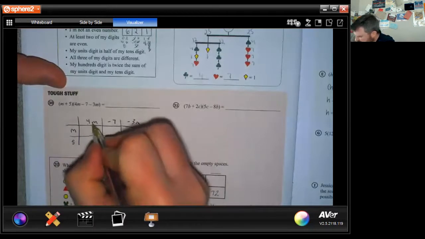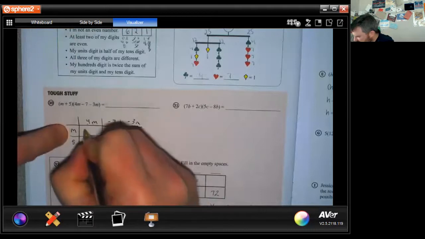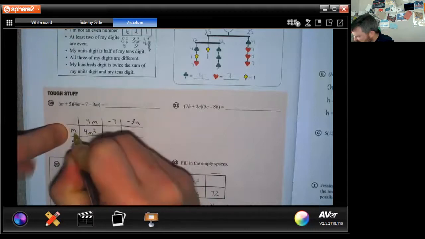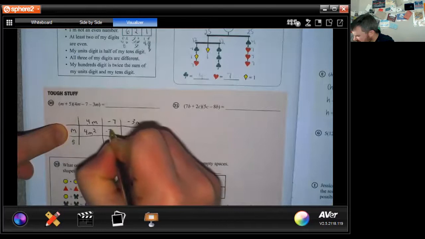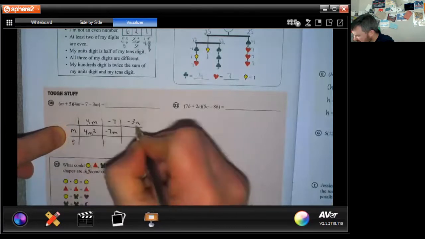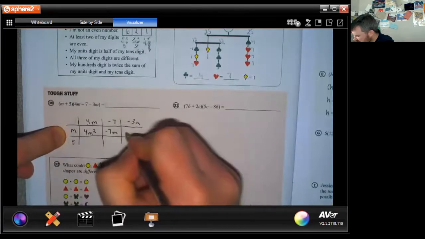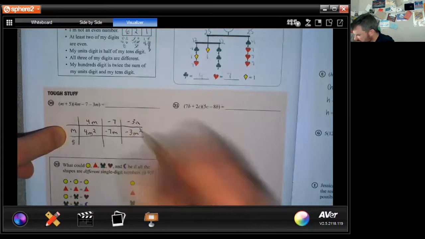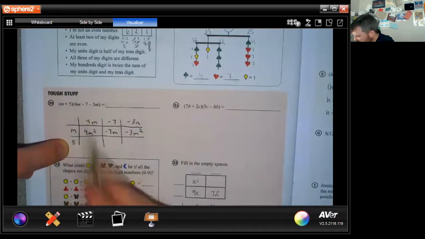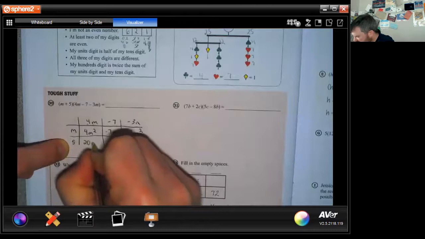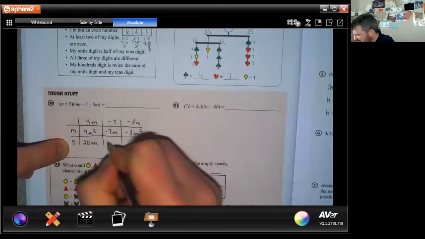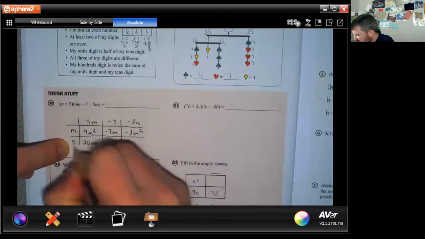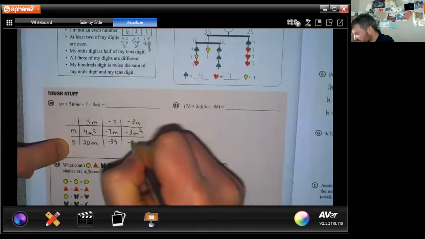So 4m times m is 4m squared. m times negative 7 is negative 7m. m times negative 3m is negative 3m squared. 5 times 4m is 20m. 5 times negative 7 is negative 35. 5 times negative 3m is negative 15m.